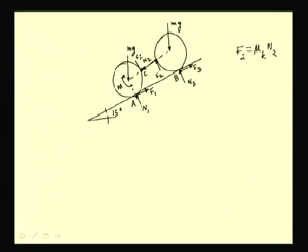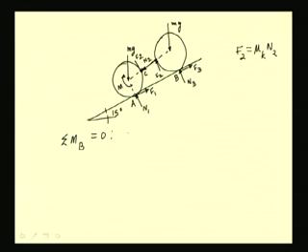So, we relate this force to the normal force by the coefficient of kinetic friction. So, let us write the equation, the moment summation about B, and equate it to 0.